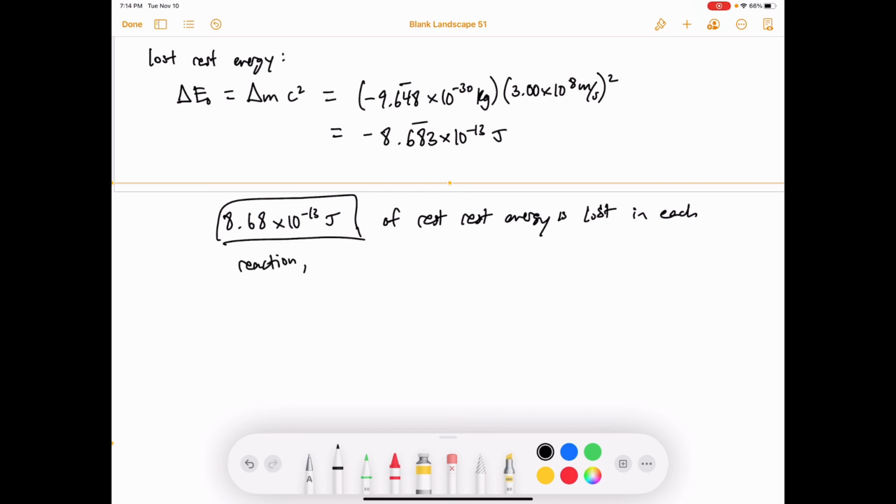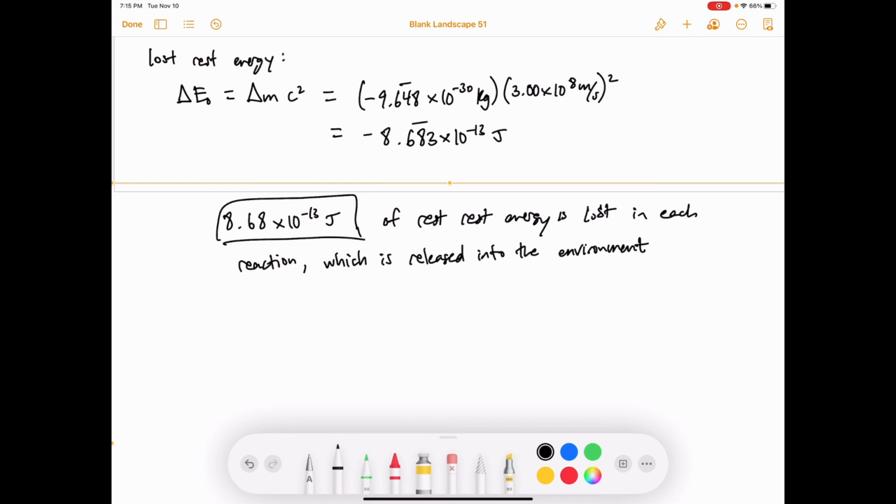But since energy is conserved, the energy lost from the system goes out into the environment. So this energy is released into the environment. Typically that would just be in the form of heat, right? The particles are moving faster than before.